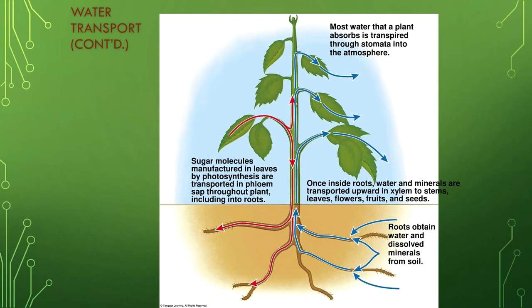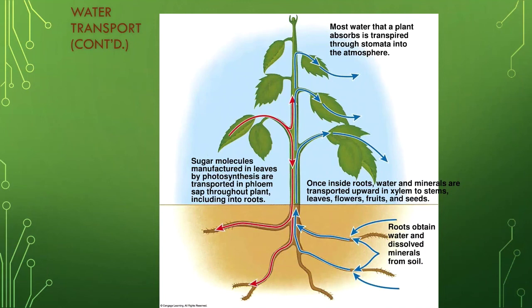Alrighty, this picture here is an overview of the transport in vascular plants. Xylem is explained on the right side where the blue is moving, which shows the conduction of the water from the roots. The water carries the dissolved minerals coming from the soil.